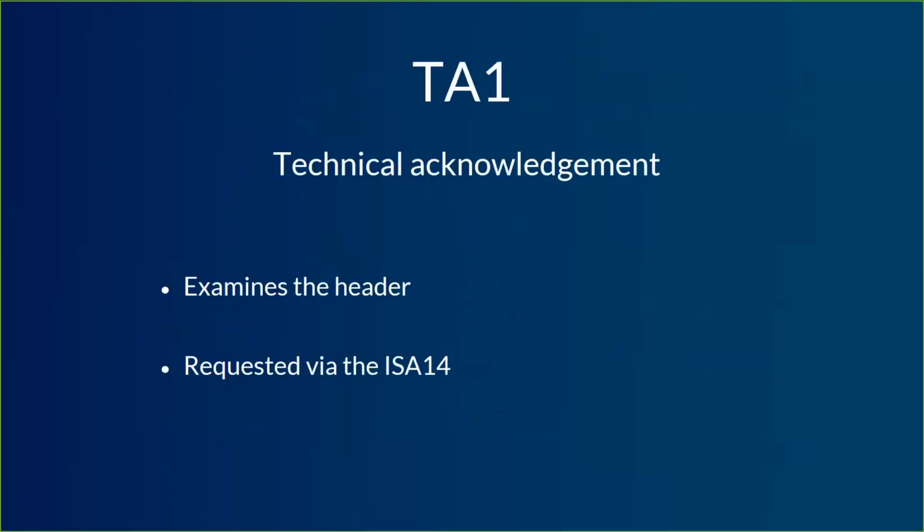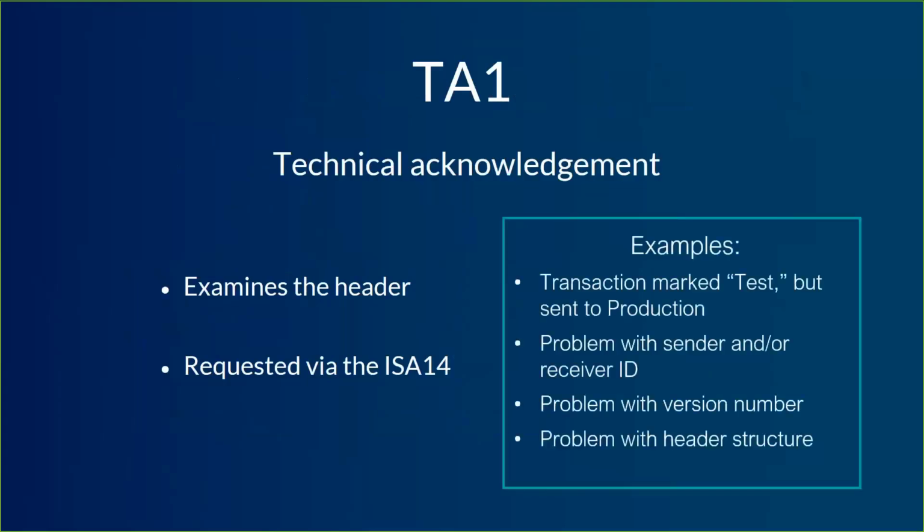However, when you do get a TA1, it is usually because something has been rejected, and it is usually for one of these reasons. The first bullet there says transaction marked as test but sent to production. There's a little indicator in the ISA segment that says this transaction is test or it's production. And if you've got a mismatch there, that could cause the TA1 rejection.